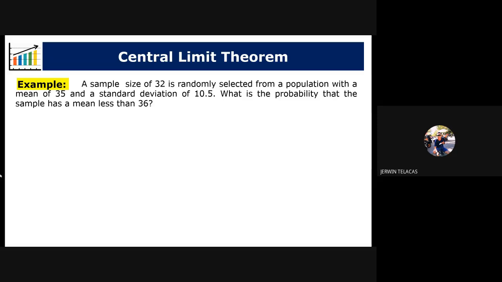So in this case, we can assume that sample size of 32 is approximately normal based sa definition ni central limit theorem. Okay, so in this case, pwede natin gamitin si central limit theorem.